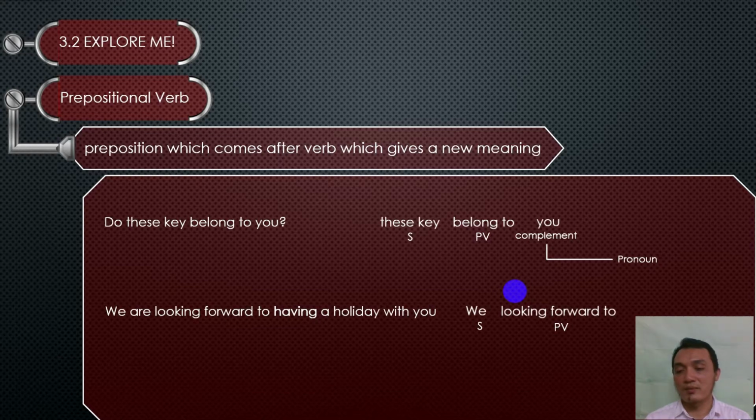So if we translate that, kita melihat ke depan ke. That's nonsense that cannot be understood by a person. So looking forward to is a bundle, a prepositional verb. It cannot be split apart. So we are looking forward to, as a prepositional verb, and having is a complement after to.